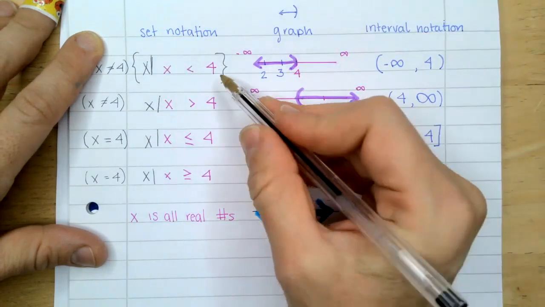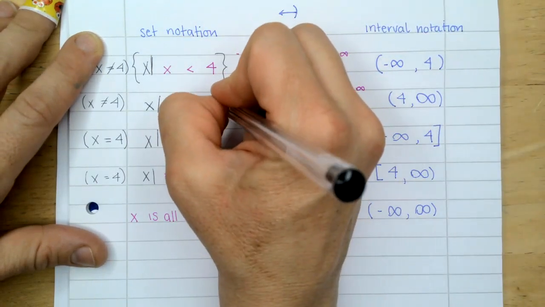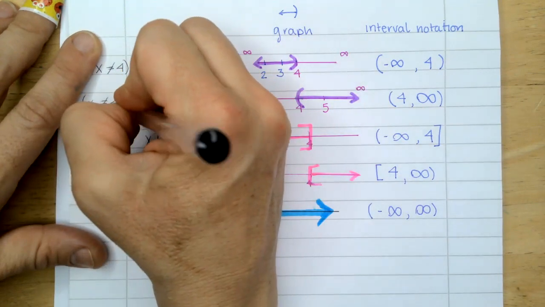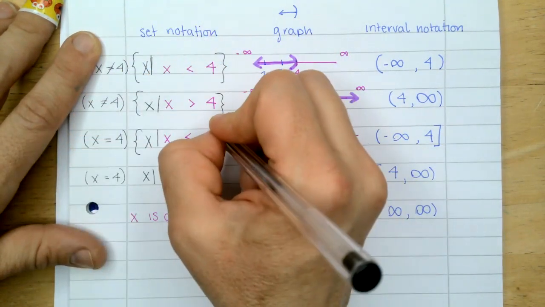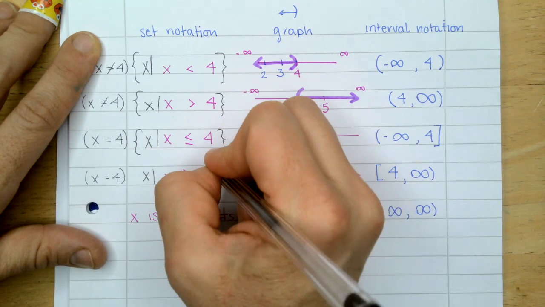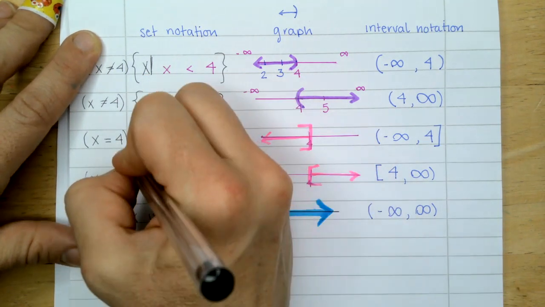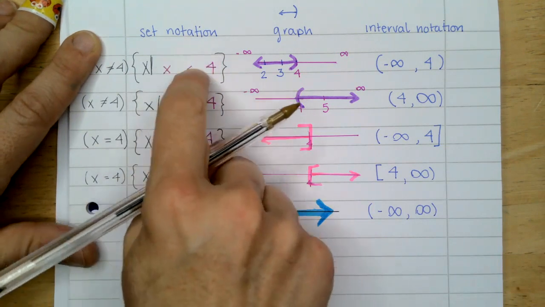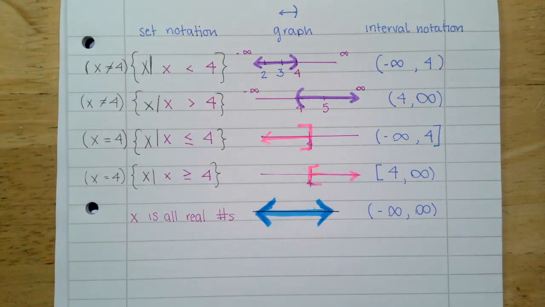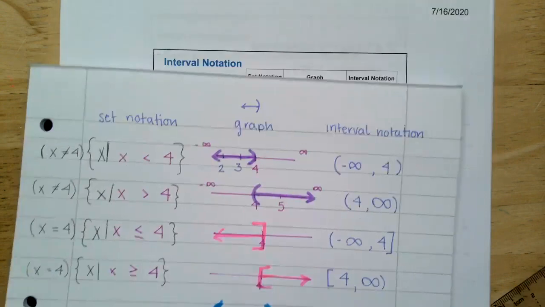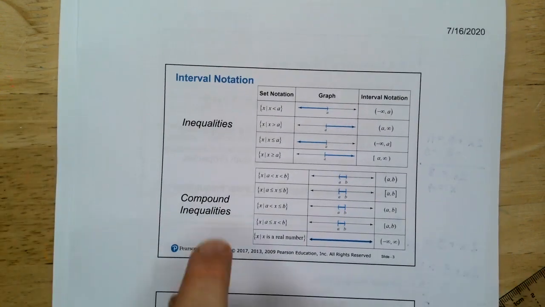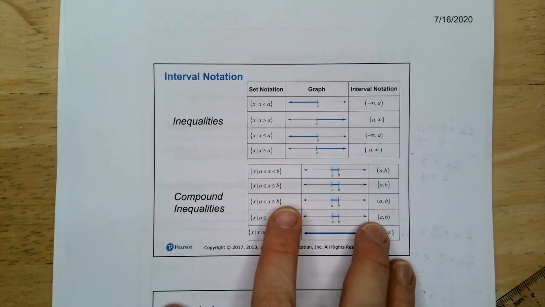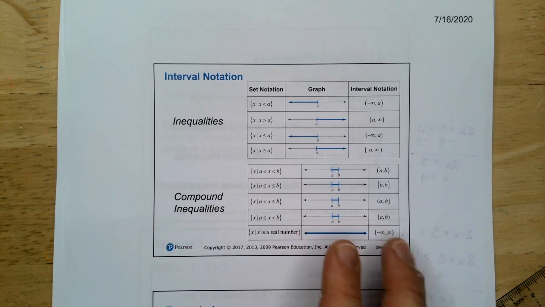We do a different kind of bracket to denote that this is a group. So we fancy it up a bit sometimes, but all of the math is still right here. Okay? All right, so that's interval notation. Compound inequalities we will talk about in the next lesson.